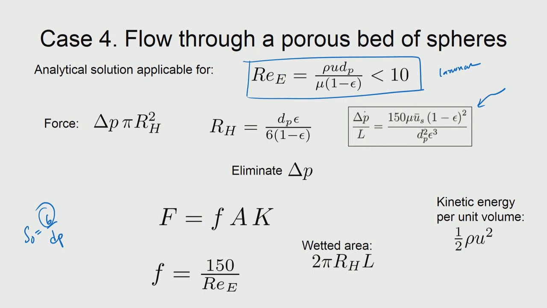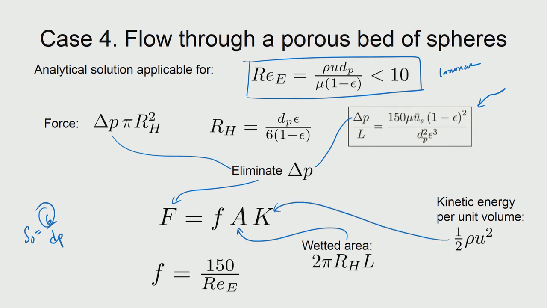We eliminate delta P between these two, substitute in f, where the wetted area and the kinetic energy per unit volume go in, and when you cancel out terms, you get the friction factor for flow through a porous bed of spheres as 150 by Re. This is very elegant because it is similar to the other expression except for the factor of 36, and we already know where the 36 is coming from.